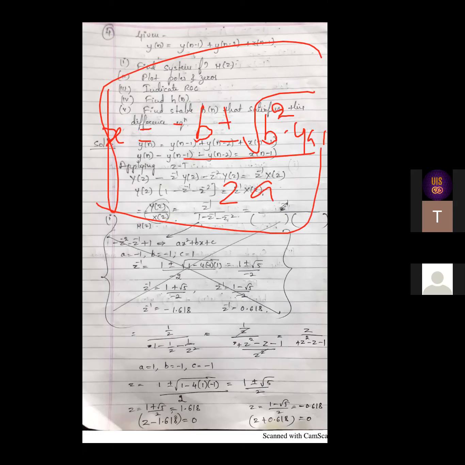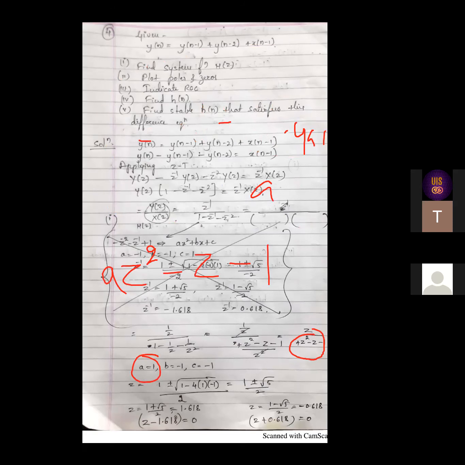Denominator z square minus z minus 1. This is your equation, ax square plus bx plus c.